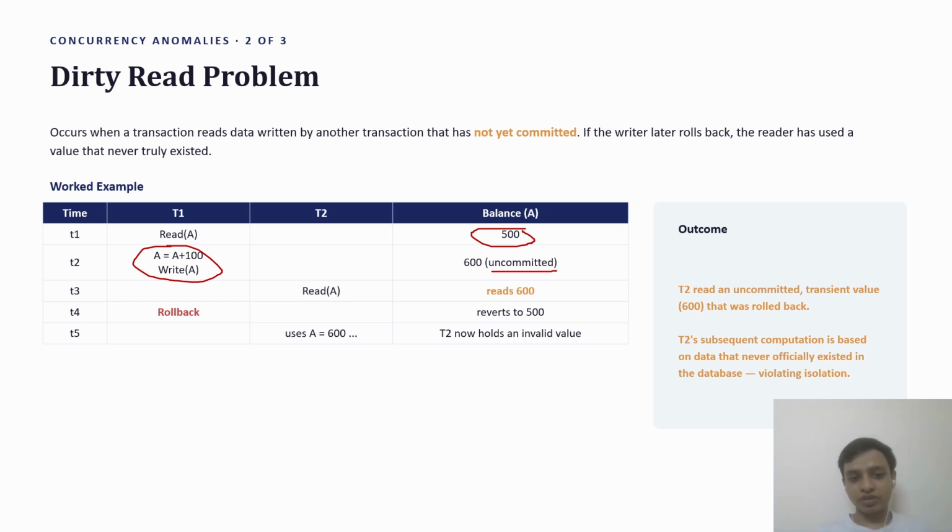So my account becomes 600. Now another person comes and reads, okay, Tushar has 600 rupees. I have lent him 500, he should definitely give it. Now what happens?